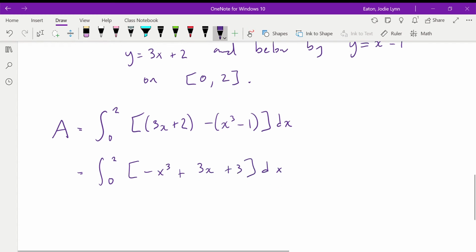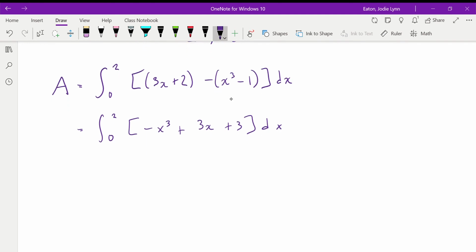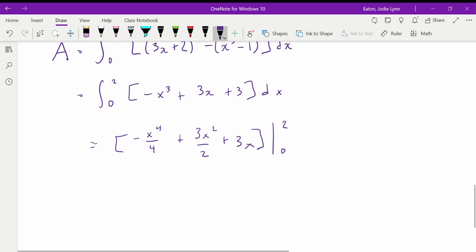Now we're ready to integrate, so this is equal to minus x to the 4th over 4 plus 3x squared over 2 plus 3x. And that's all going to be evaluated from 0 to 2.